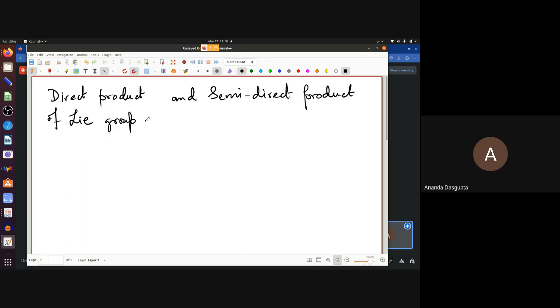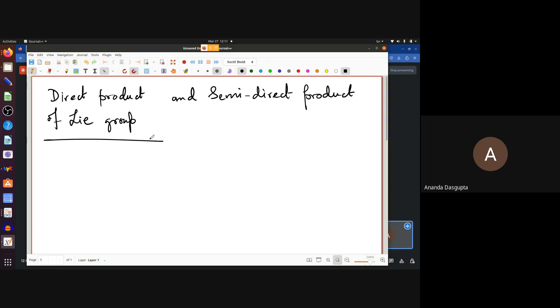Similarly, if a Lie group happens to be a semi-direct product of two individual Lie groups, then the Lie algebra corresponding to that Lie group is the semi-direct sum of the two individual Lie algebras.